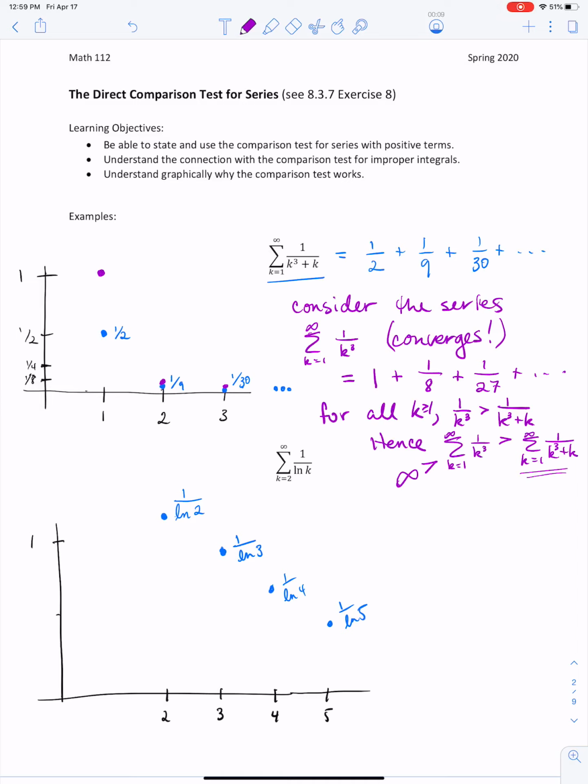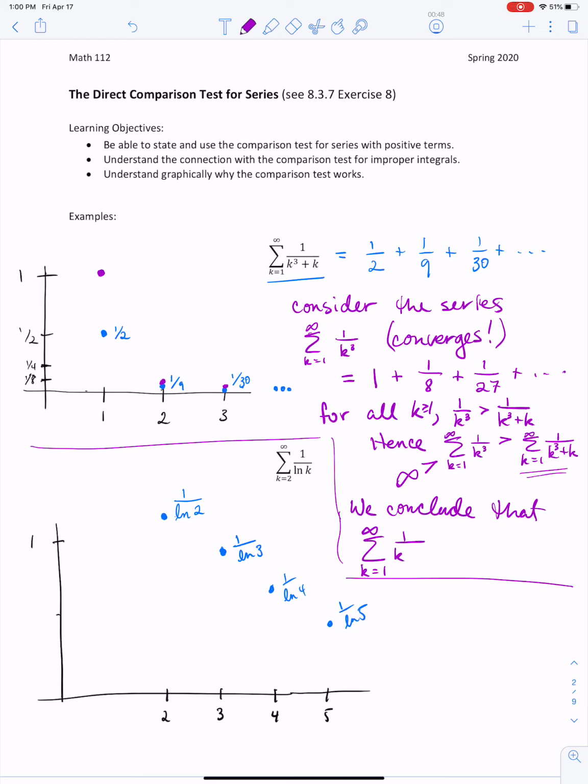Hence, I'm going to add some extra space in the notes I give you so that you have room for your notes on the second part. We can conclude that the sum we're interested in, k equals 1 to infinity of 1 over k cubed plus k, converges.